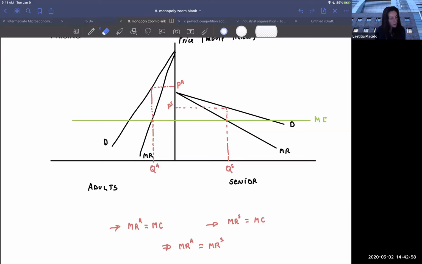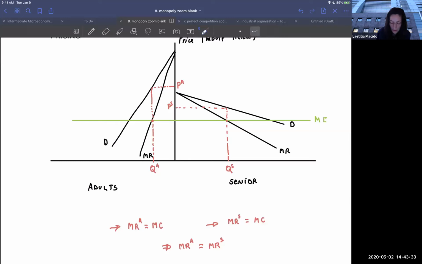Just to finish on this, there's something quite apparent from the graph, which is the relationship between the level of the price charged to each group and the price elasticity of demand. Remember, we said that the group of seniors is more elastic to change in price.